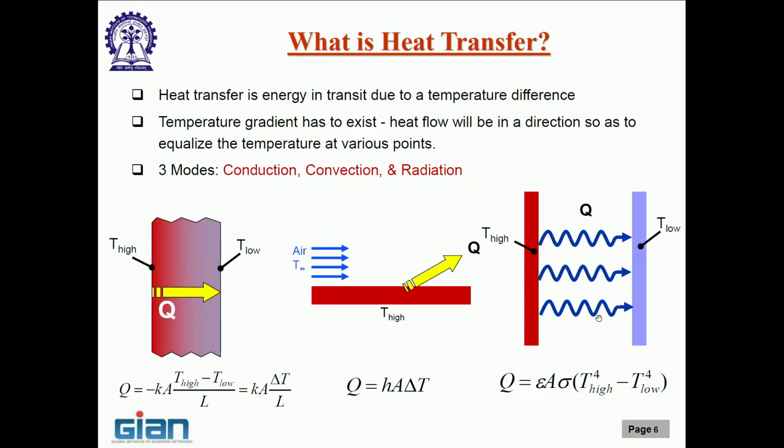Heat can primarily be lost by three modes, which we probably all know from our high school physics: conduction, convection and radiation. In conduction, we typically talk about conduction through a solid or a liquid or a gas also, but in a liquid and a gas many times there is also bulk movement, which results in convection as well.